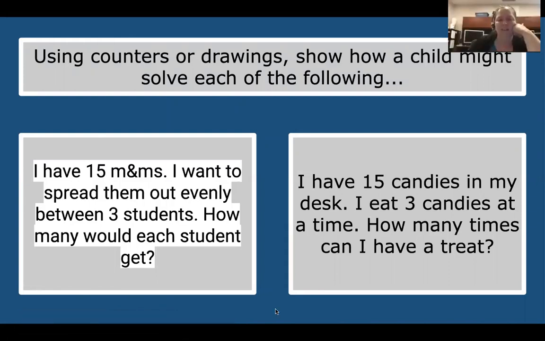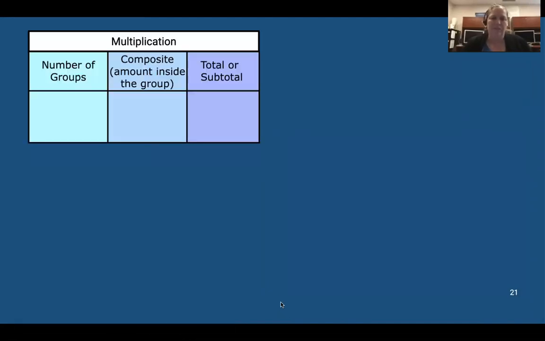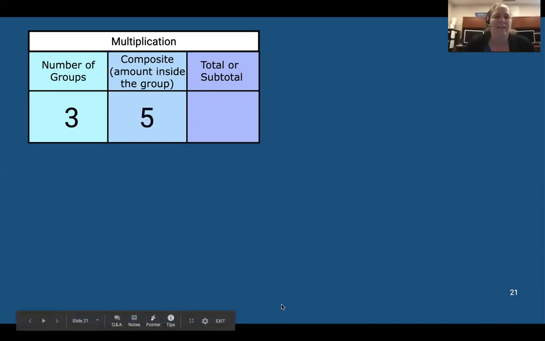Yeah, and I think where it becomes most important is how it impacts how students will think about division. So going back to multiplication, we can have 3 groups and the 5 inside each group. That matches our first drawing, at the top of the page when we were looking at it. And then in multiplication, of course, the total is what we don't know.